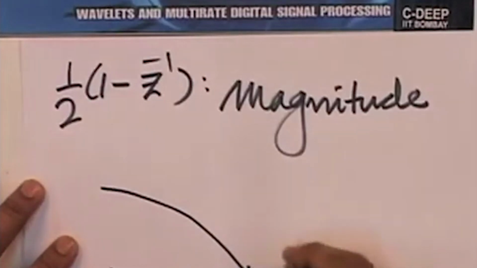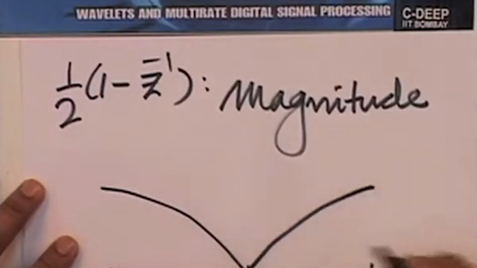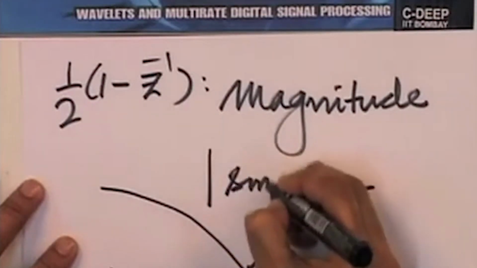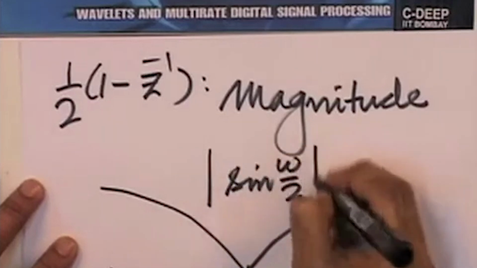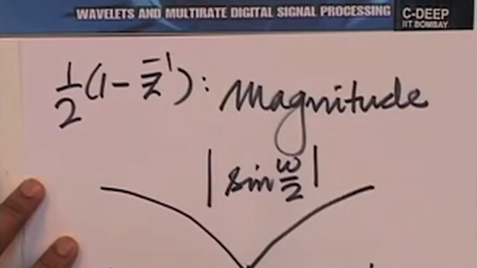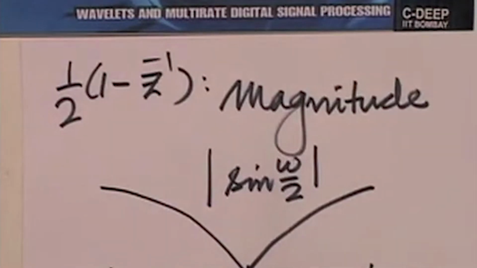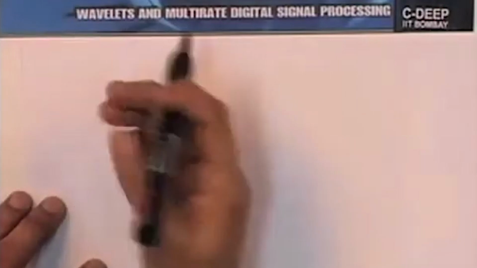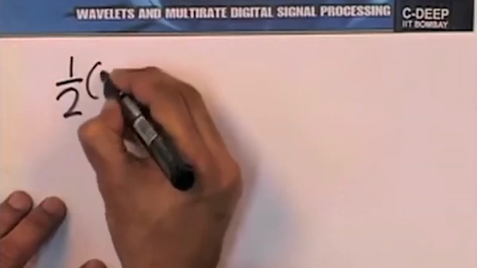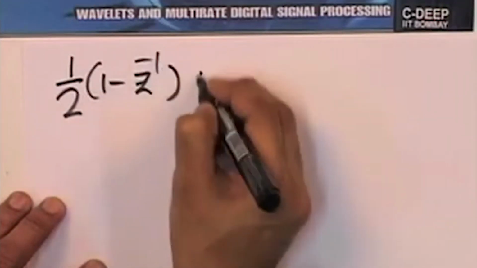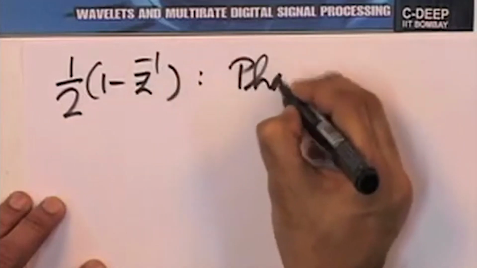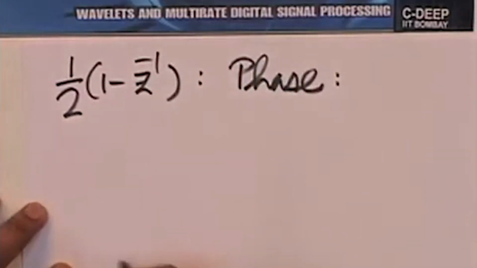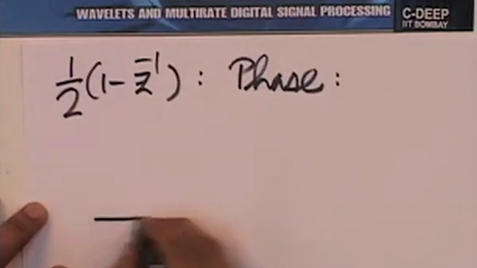Essentially mod sin omega by 2. And the phase response looks like this.